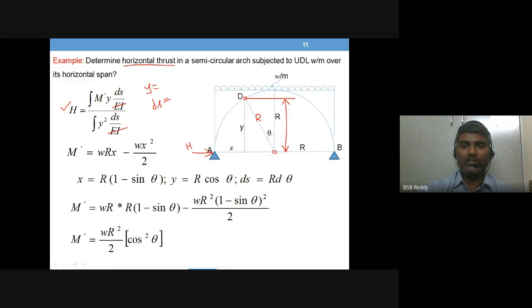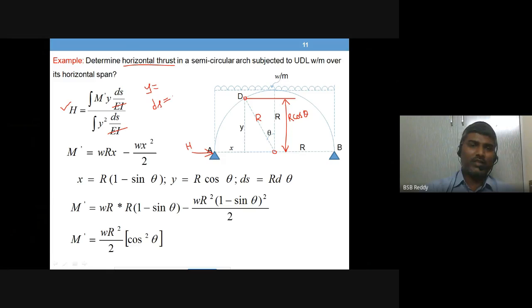So the adjacent component is r cos theta, and that is what we substitute for y.